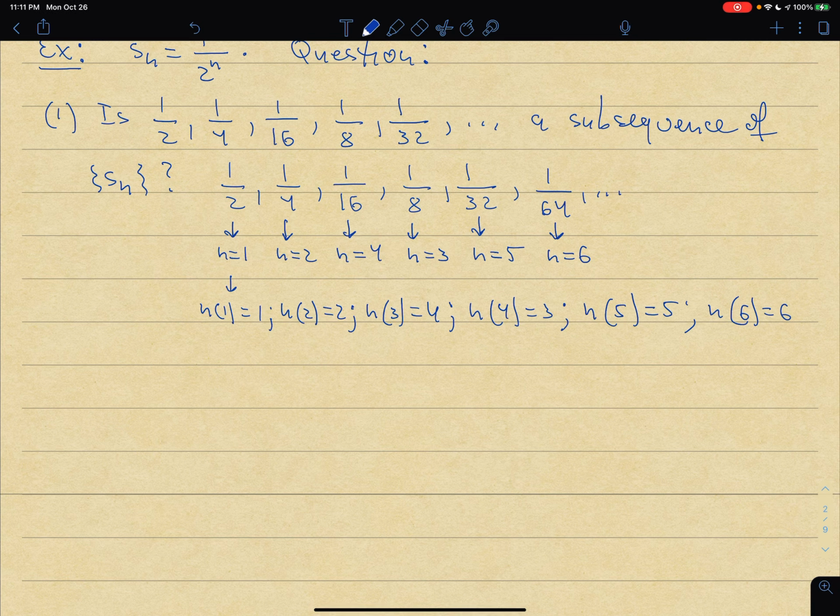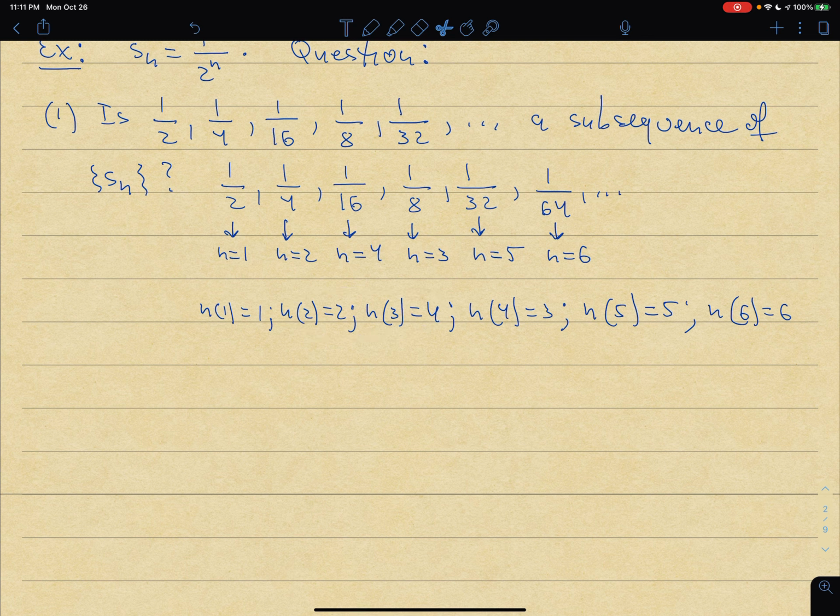And I claim that the answer is no. The only reason why this is not a subsequence is because when I go from n of 3 to n of 4, my function n of k is going to decrease, right? So n of 1 is less than n of 2, so that's fine. n of 2 is less than n of 3, so n of k continues increasing.